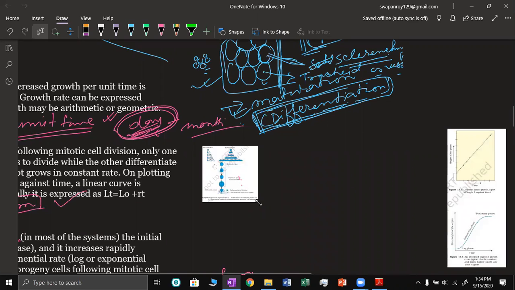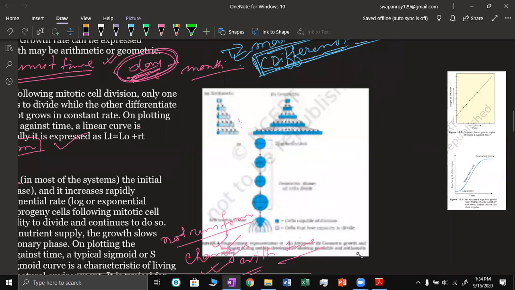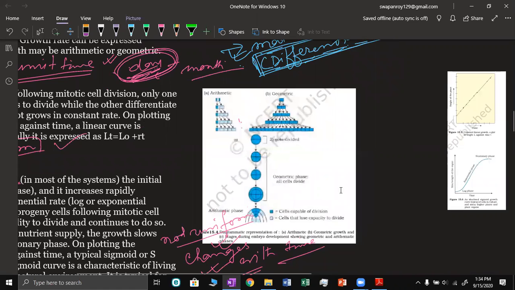So, from this diagram, you can make out the two different types of growth.